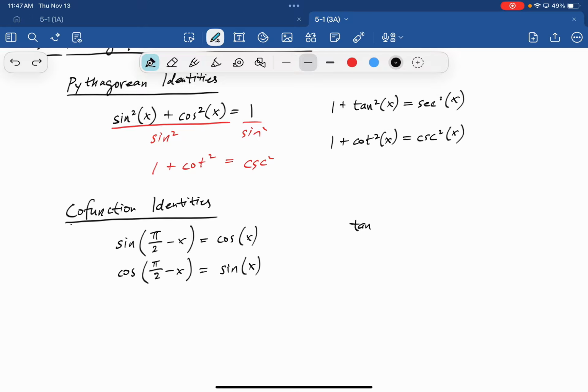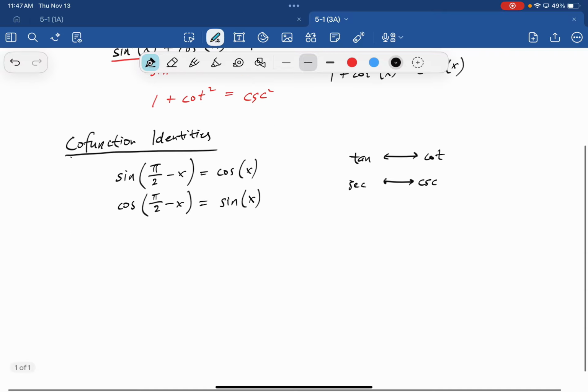Tangent goes with cotangent, and secant goes with cosecant, and the same exact relations apply. So like tangent of pi over 2 minus x is cotangent of x, etc. Questions? It doesn't stop there. We have more to memorize. The last thing is even and oddness.